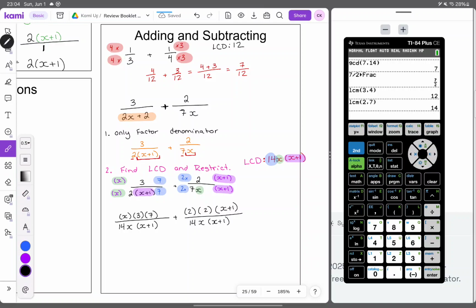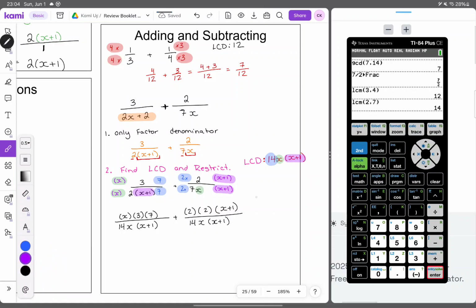So this is now when we leave the denominator alone. Once we find the LCD, we're going to restrict. So I'm going to say that x is not allowed to equal 0 because it's down in the denominator. And I'm going to say x plus 1 is not allowed to equal 0. So x is not allowed to equal -1.